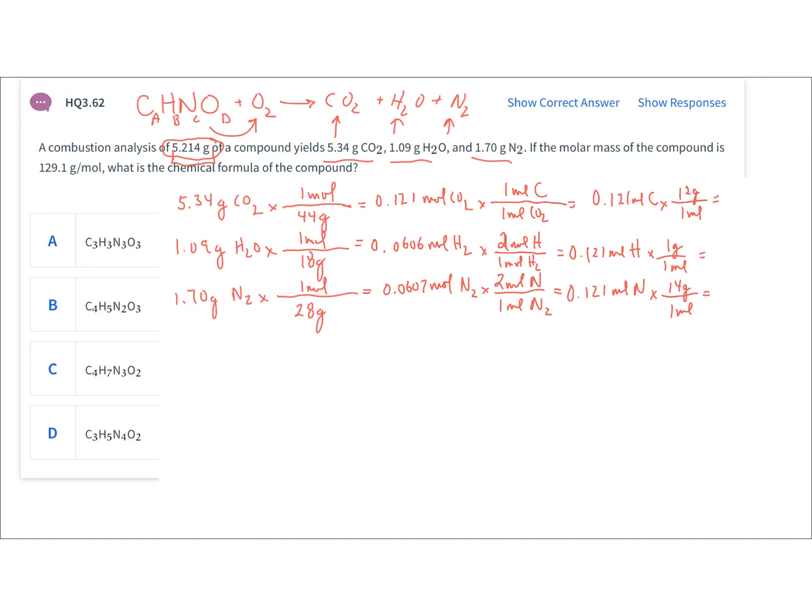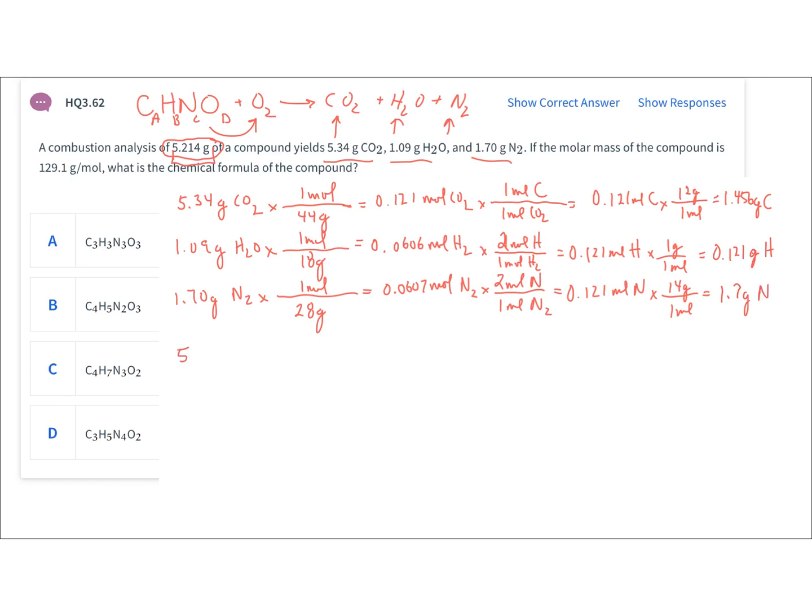So on a mass basis, I've got 1.456 grams of carbon, 0.121 grams of hydrogen, and 1.7 grams of nitrogen.